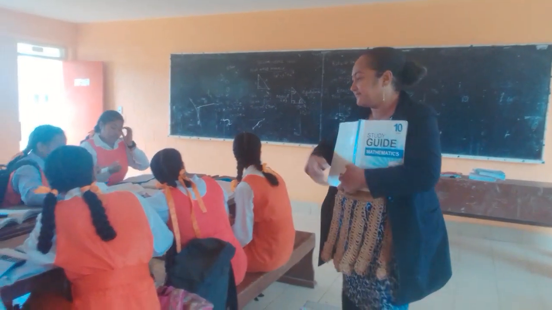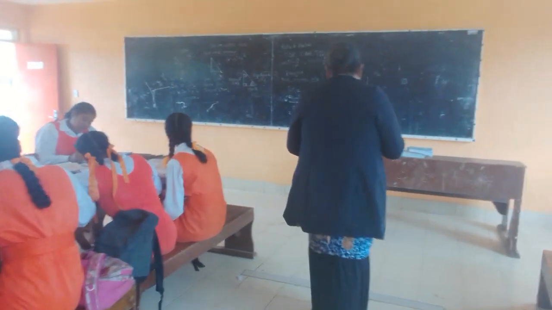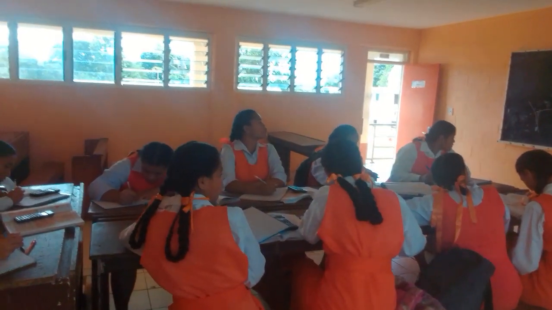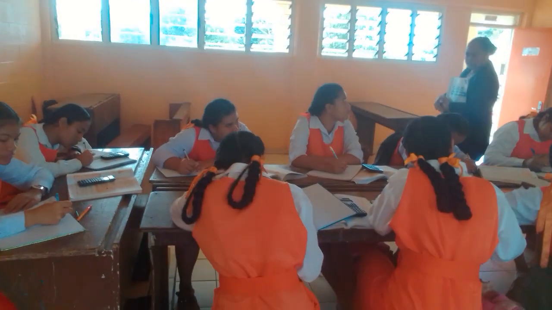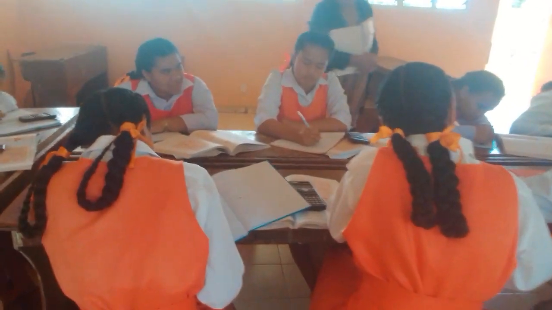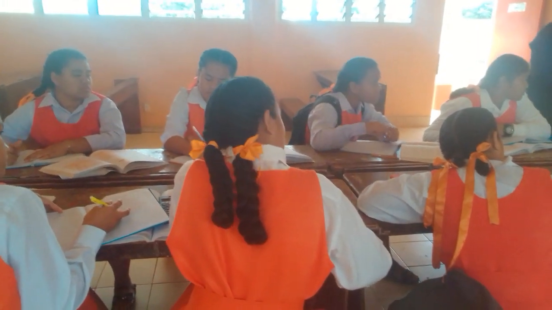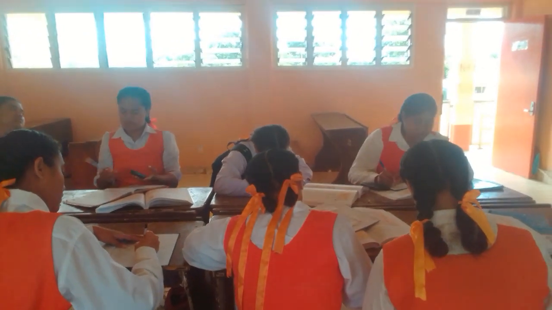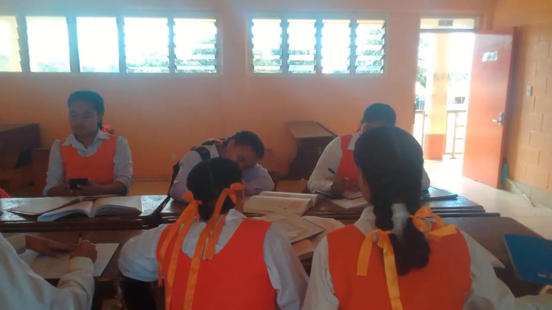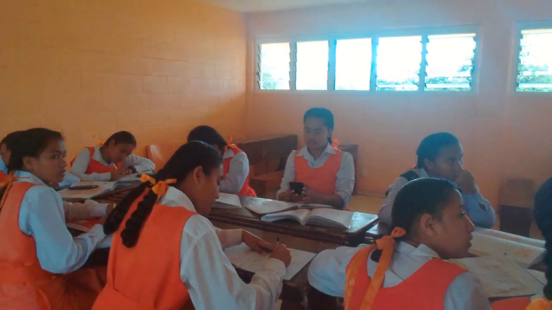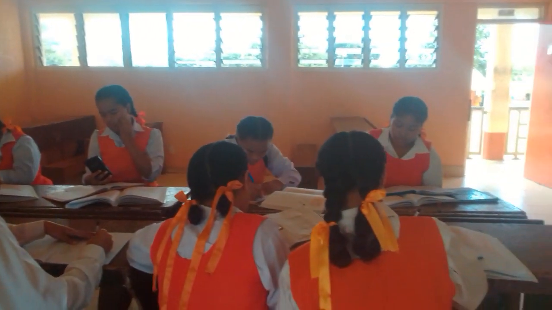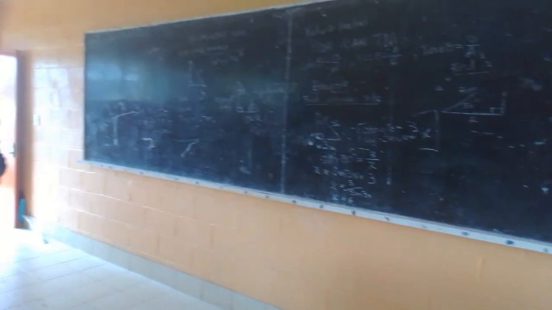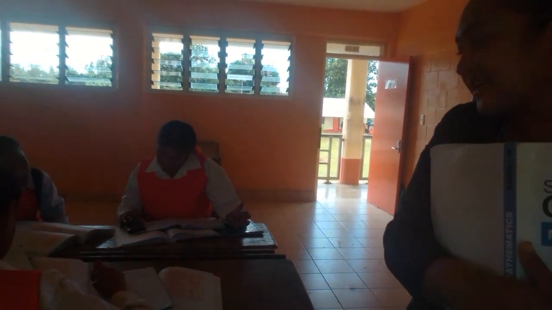Sine, cos, and tan. Find the ratio first. It's not always sine. It can be cos. It can be tan.